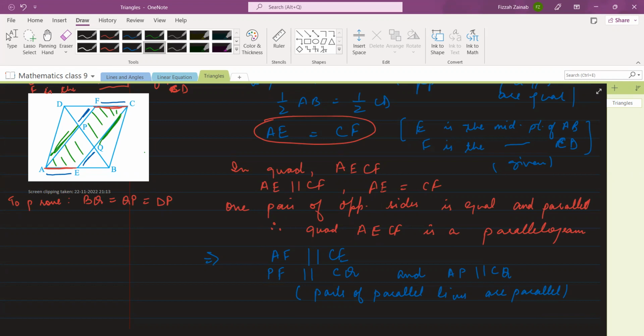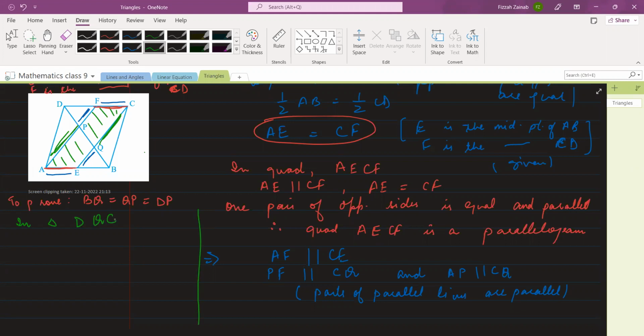Now I can easily use the midpoint theorem. Why am I doing this? For the midpoint theorem we need a triangle. Remember? The midpoint theorem can be applied in a triangle. So now you consider, I'm writing here, in triangle DQC. Can you see that in the figure?